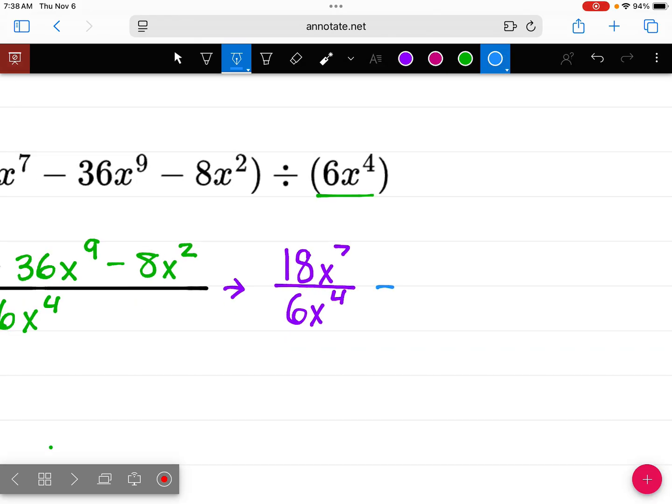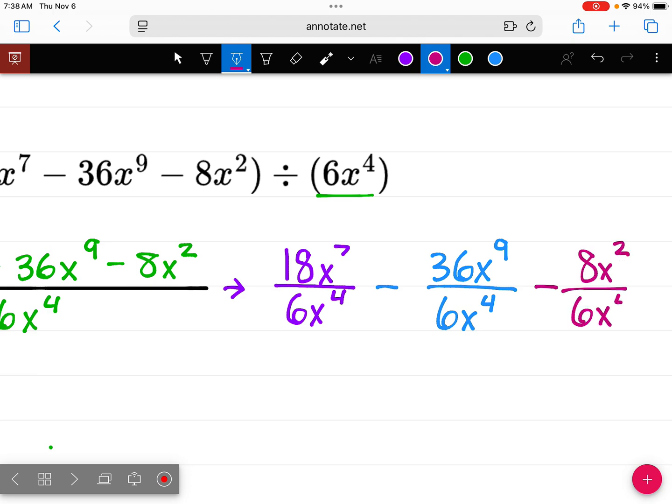Then we're going to have our minus sign, and we're going to have our 36x to the 9th over 6x to the 4th. And then we have another minus sign. We're going to have our 8x squared over 6x to the 4th. So we're going to write them as our separate fractions. Then we need to simplify each one, and we are going to be careful.